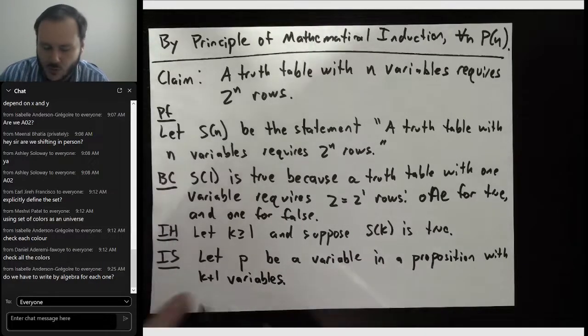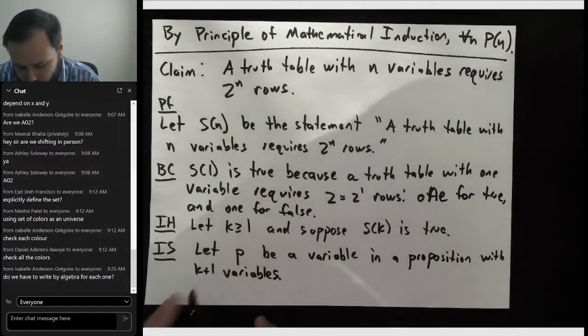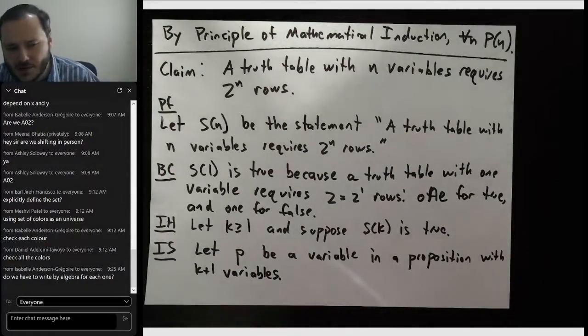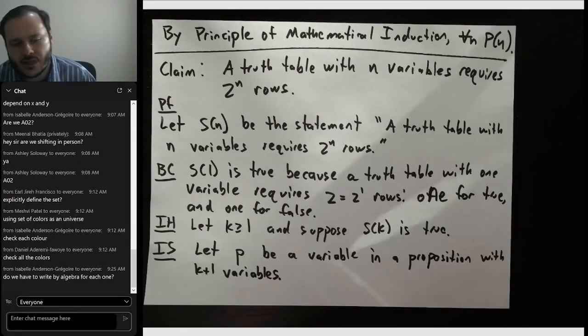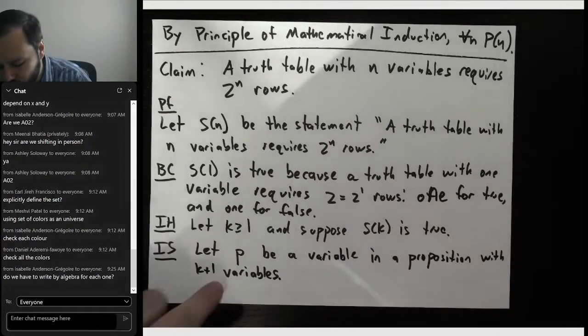I want to be in the world where I'm in the k plus 1 world. And now I want to somehow use my induction hypothesis. I want to somehow use that if I only had k variables, then I would need 2 to the k rows.